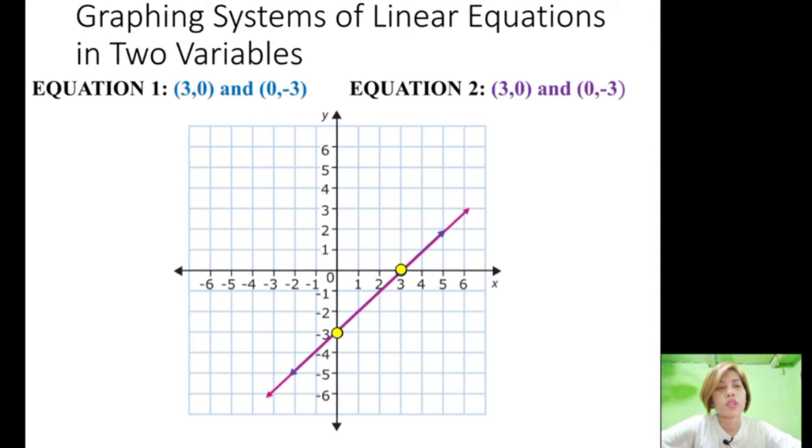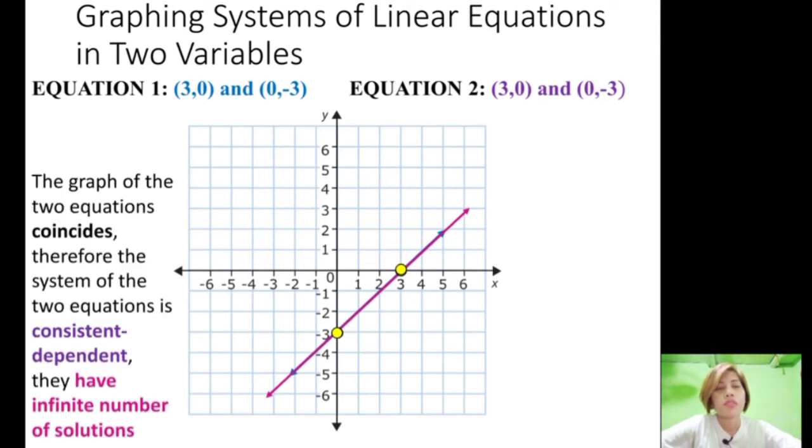So, kung mapapansin po ninyo, naging parehas na po or nagpatong po yung graph ng equation 1 tsaka equation 2. So, parang naging iisa na lang yung line nila. So, the graphs of the two equations coincide. Ibig sabihin, nagpatong na po yung dalawang graph.